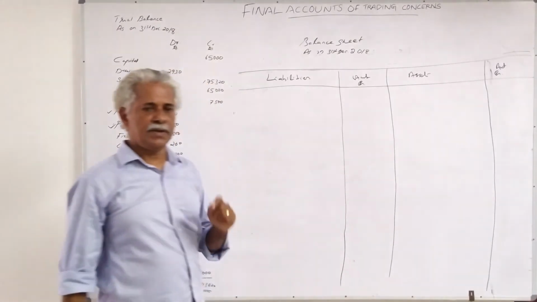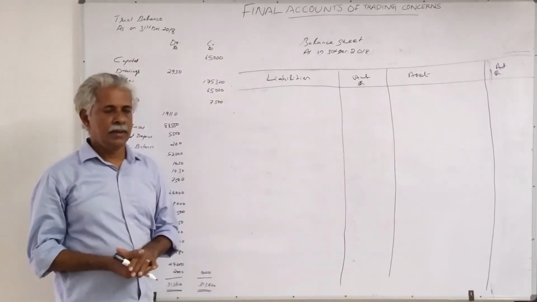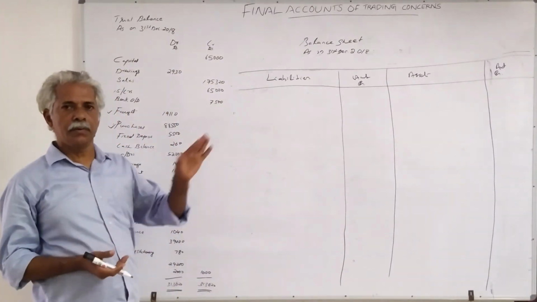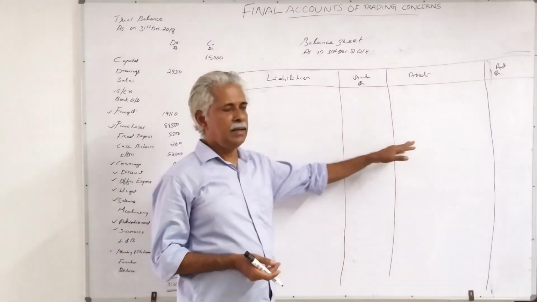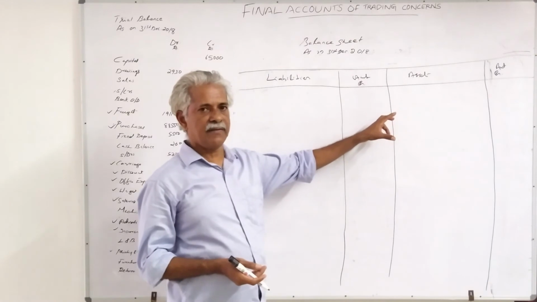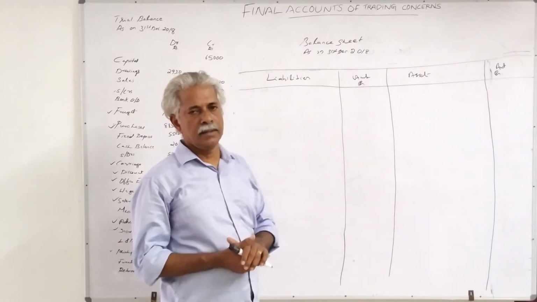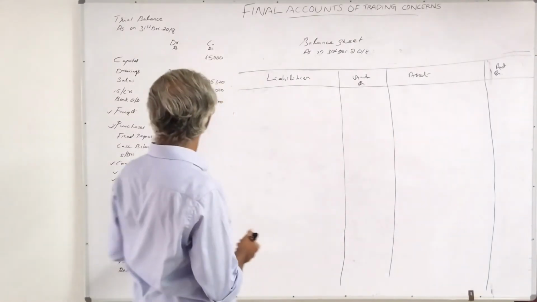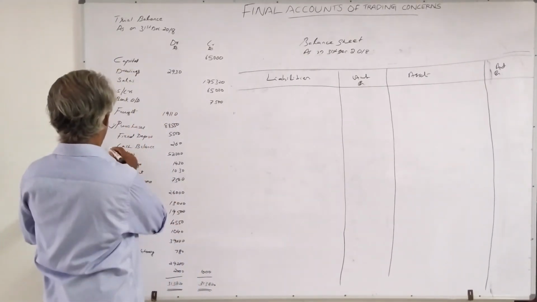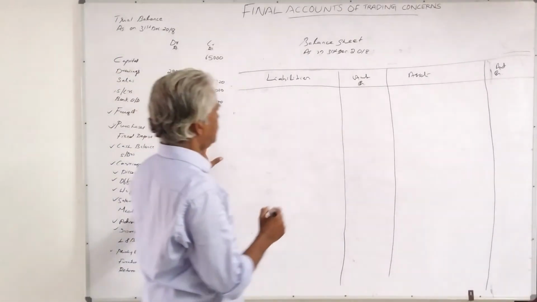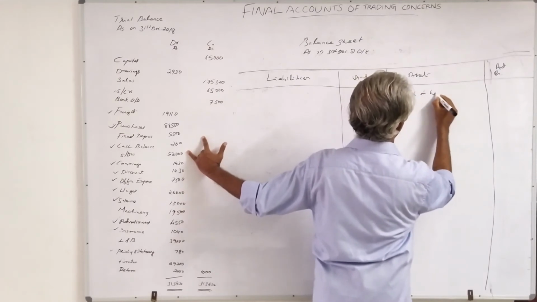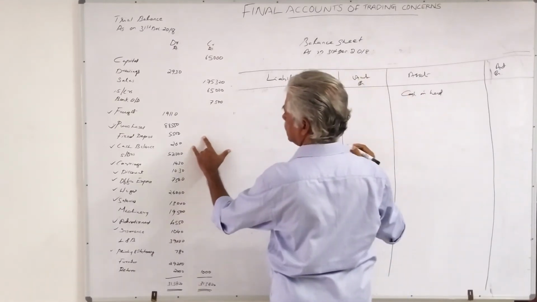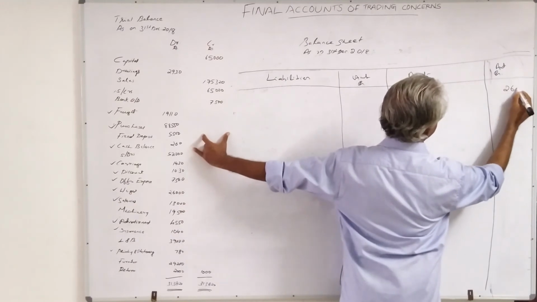Then in the absence of specific instruction, it is better to follow the liquidity order. That means on the asset side, current assets must be listed first, followed by the fixed assets. The most liquid asset is cash balance, cash in hand. That is rupees 260.